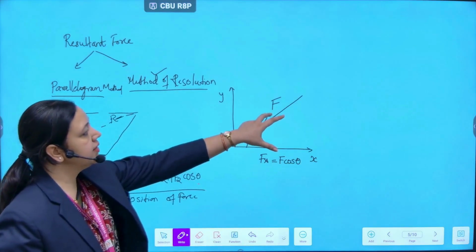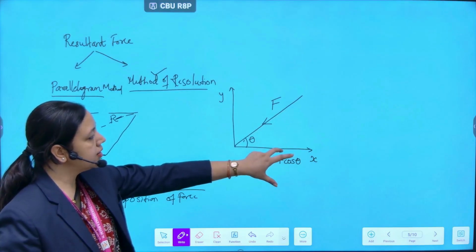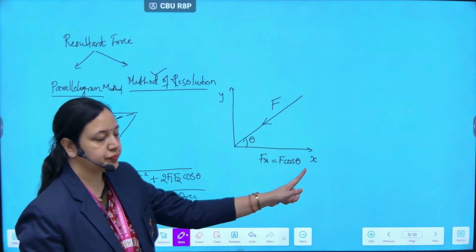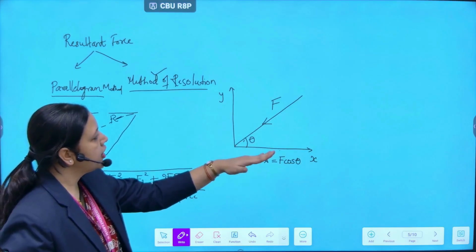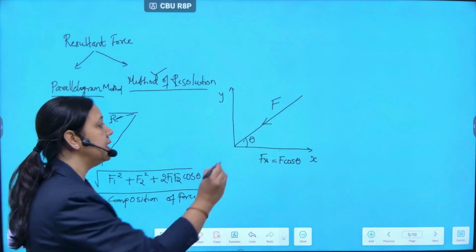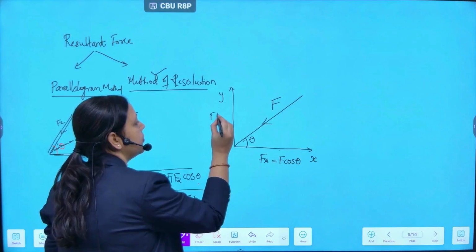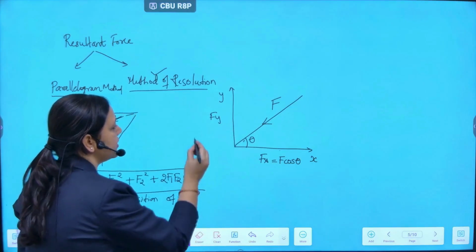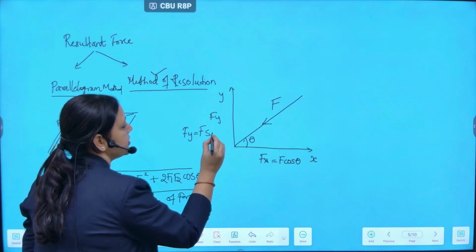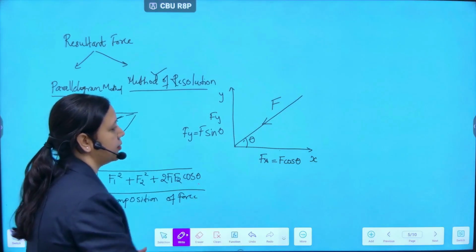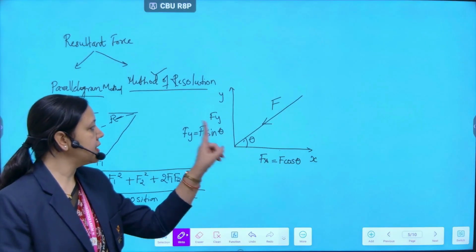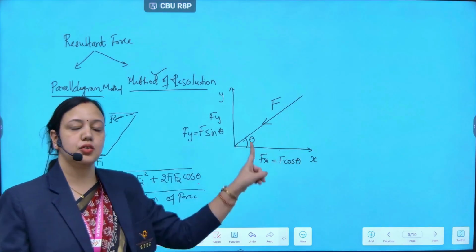This is along the x-axis. Now along the y-axis, the force is Fy, and Fy is equal to F sin theta. Both these forces Fx and Fy will be mutually perpendicular to each other.